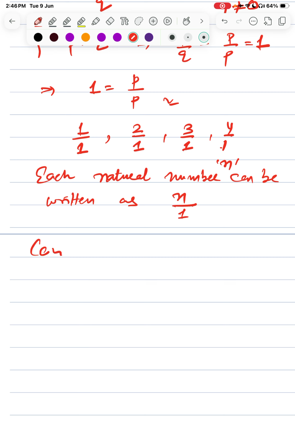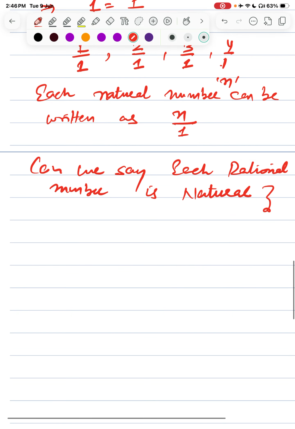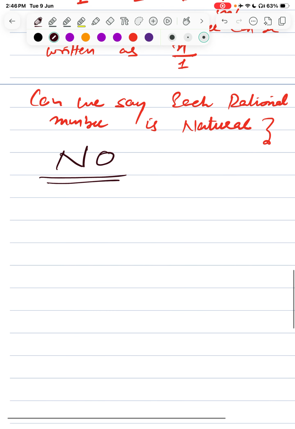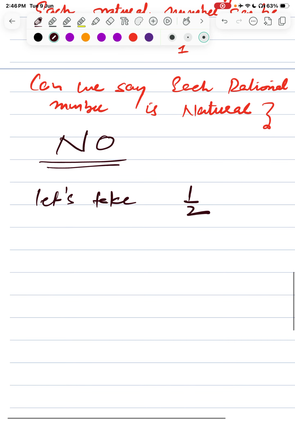Can we say each rational number is natural? Can you guess the answer? The answer is no, we can't. Because let's take the number 1/2.